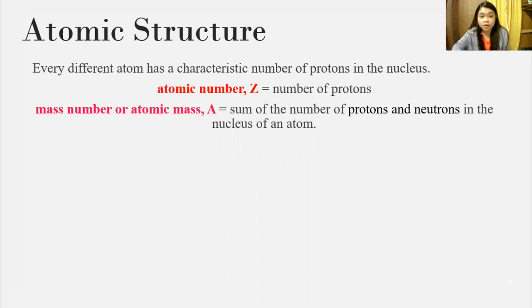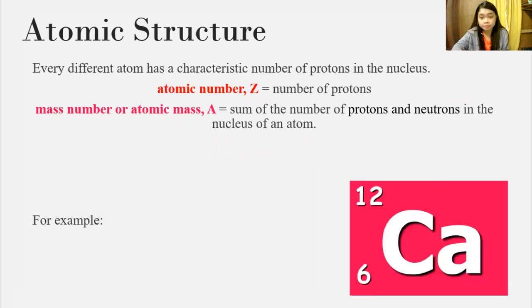Atomic number is denoted as capital letter Z. It is equal to the number of protons of an atom in the nucleus. And then we also have the mass number or atomic mass. It is denoted as letter A. It is the sum of the number of protons and neutrons in the nucleus of an atom. So it's not just the protons, but added to it is the number of neutrons.